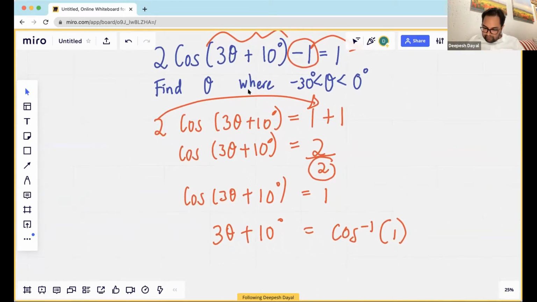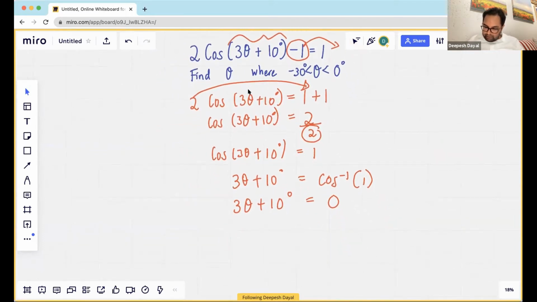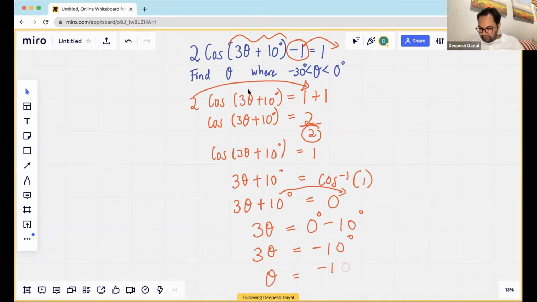So we're going to say 3 theta plus 10 degrees equals to 0. We then take the 10 over, and it becomes 3 theta equals to 0 minus 10 degrees. So 3 theta equals to minus 10 degrees. And theta equals to minus 10 over 3, which is minus 3.33 degrees.